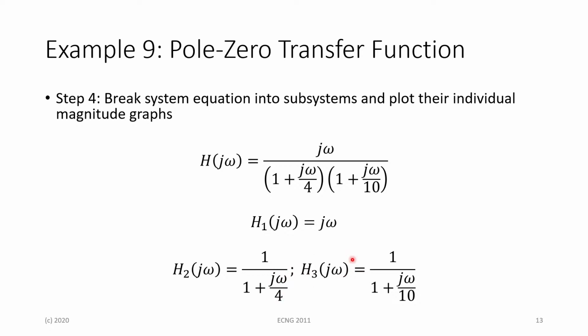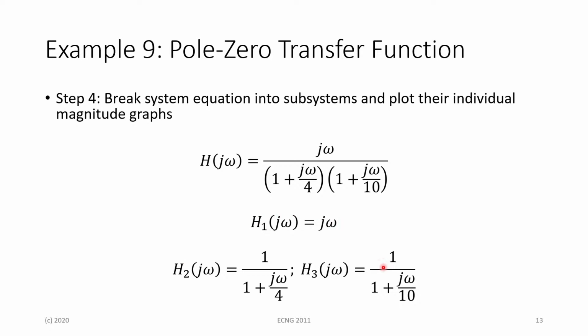Similarly with H3(jω), it's going to be the same thing. Everything before the pole here, which is omega equals 10, is going to be 0 decibels per decade, and everything after the pole is going to be minus 20 decibels per decade. So for each one of these subsystems, you can go back to the first lecture to see how we plot the resultant magnitude graphs.